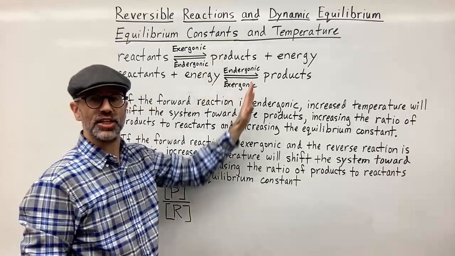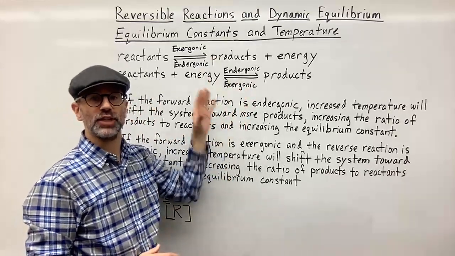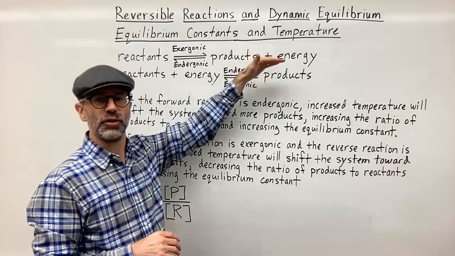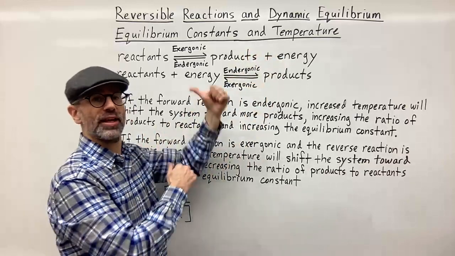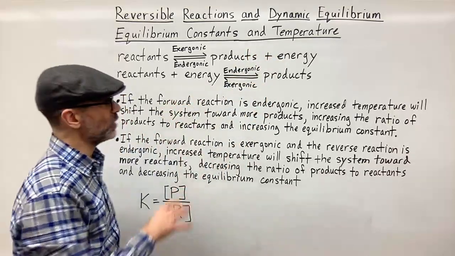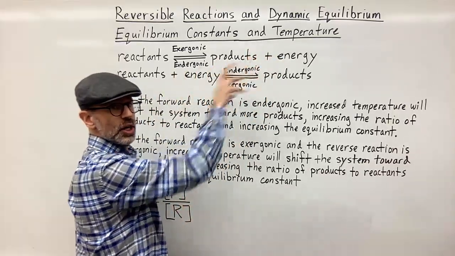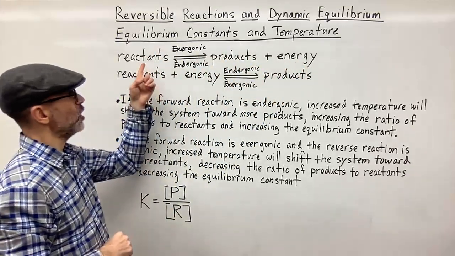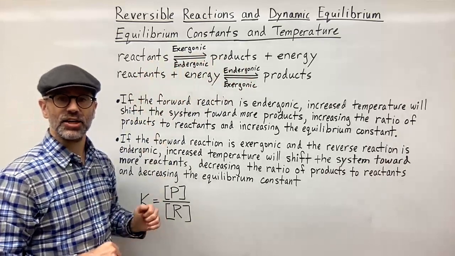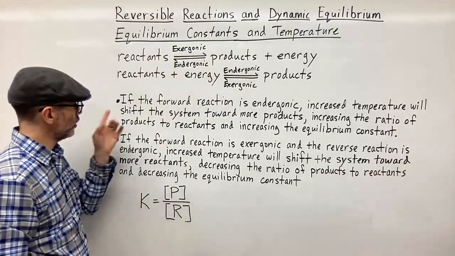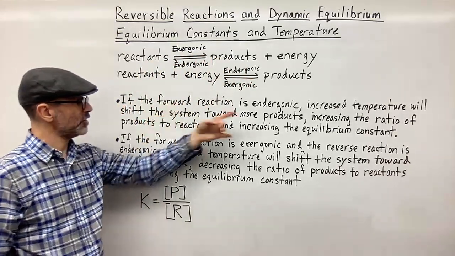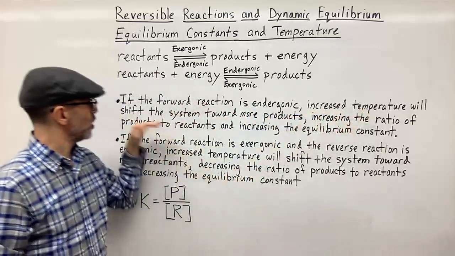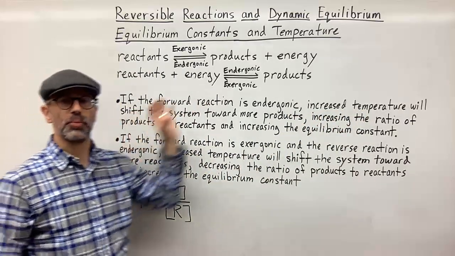So you're changing the equilibrium constant when you change temperature, because you're causing one reaction to speed up more than the other, right? So that's going to cause a shift towards either products or reactants, depending on which side has the energy on it. So in other words, if the forward reaction is endergonic, then increasing temperature will shift the system towards the products.